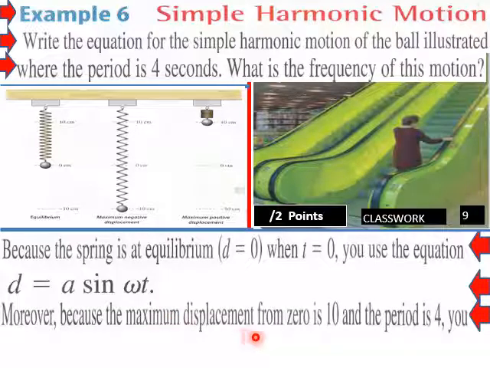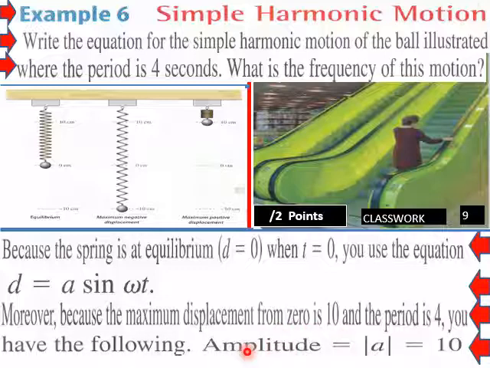Moreover, because maximum displacement from 0 is 10 and the period is 4, you have the following. Amplitude equals 10. So our absolute value of a would equal 10. This will be our amplitude here, from here to up here, and then from up here to down there.